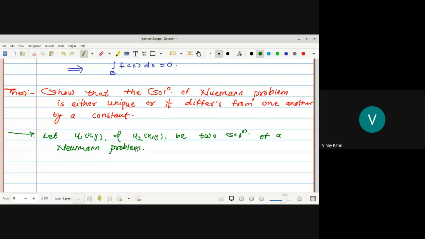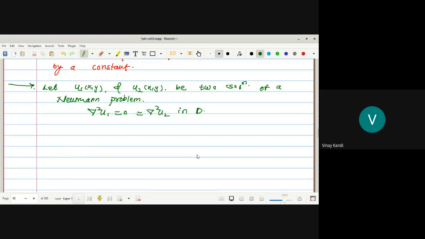So del square of u1 is equal to 0, which is equal to del square of u2 inside the region D. And dou u1 by dou eta is equal to f of s, which is equal to dou u2 by dou eta on boundary B. Okay, so this is the meaning of solutions of a Newman's problem.